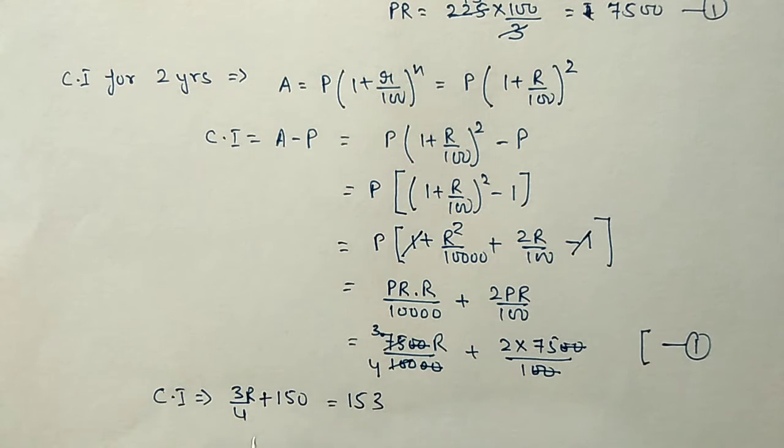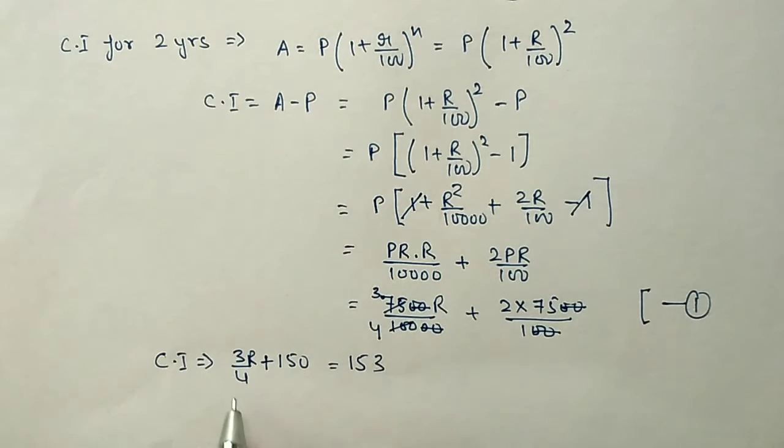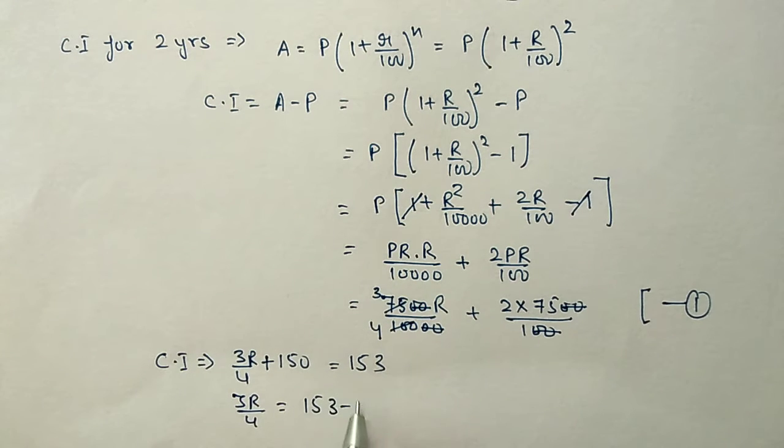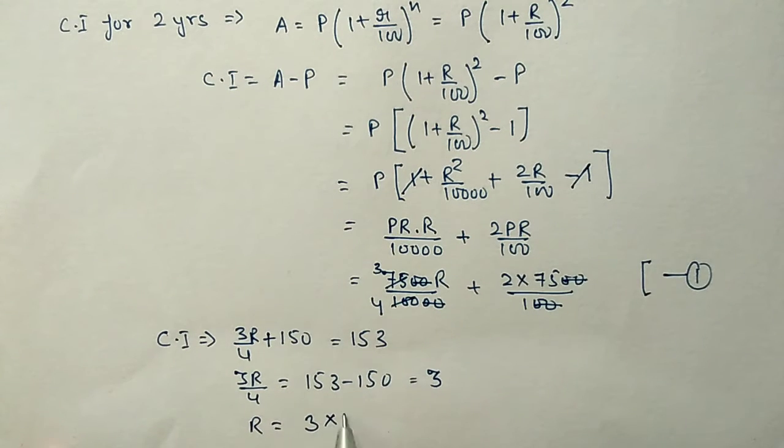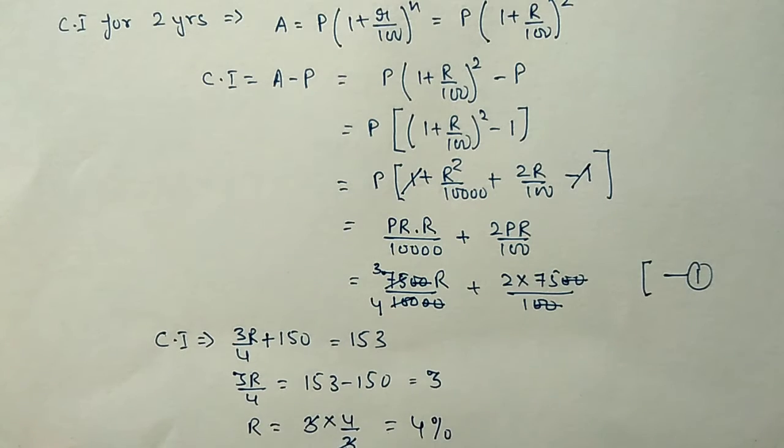So this 150 we will shift to the other side. 3R by 4 is equal to 153 minus 150. So this we will get 3. R is equal to 3 into 4 by 3, which is equal to 4%.